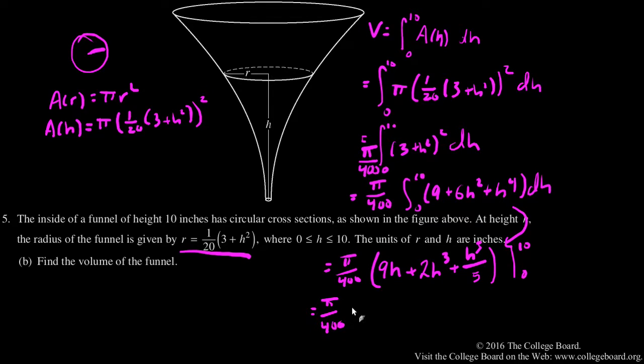Putting in the 10, I will get 90 plus 2 times 1,000, which is 2,000, plus h to the 5th is going to be 100,000, divided by 5 is going to be 20,000.